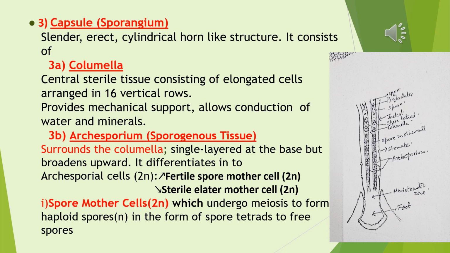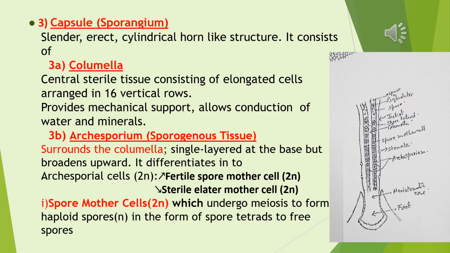This tissue consists of elongated cells arranged in 16 vertical rows. Its function, number one, is it provides mechanical support, and number two, which is more important, it allows conduction of water and minerals. This function is the first of its type in Bryophyta.